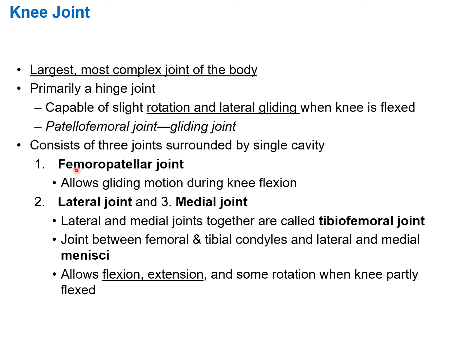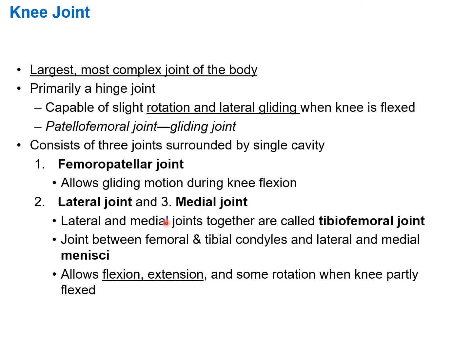Number 1, I already mentioned, we have a femoropatellar joint. This is where we see gliding. This is the connection between the patella and the femur. We can do gliding and a little bit of rotation there when the knee is flexed. We then have a lateral joint and a medial joint. Basically the lateral joint is just the lateral aspect of the knee joint. The medial joint contains the medial part of the knee joint.